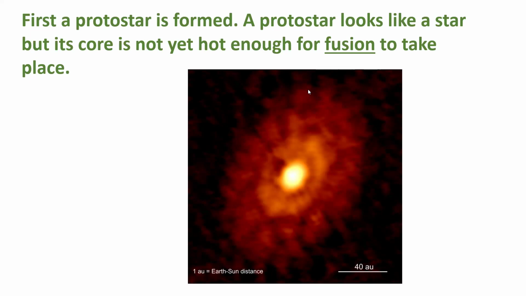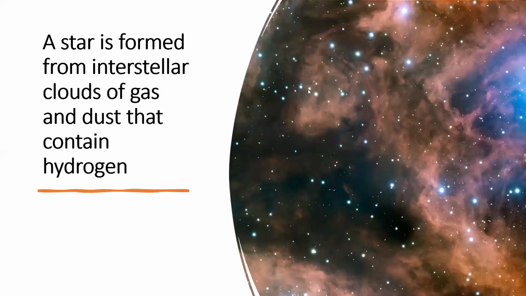First of all, a protostar is formed, and it is an initial stage, but it is not ready for fusion. So first we give the heading life cycle of a star, and we copy the initial title, that a star is formed from interstellar cloud of gas and dust. We have to copy this.